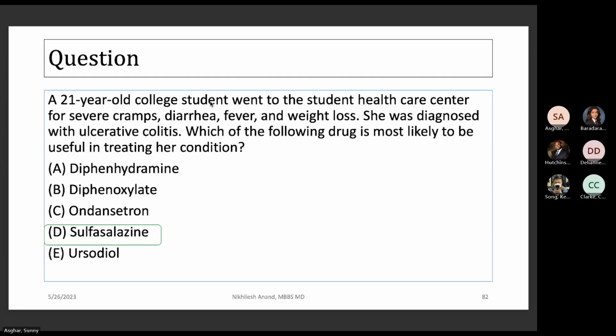Moving forward, this is just a sample question that they can ask you: which of the following drugs is most likely to be useful in treating her condition? It's an example of what she was diagnosed with, colitis, most likely from staph, and she's having diarrhea, a college student. Oh, another thing I remembered is that certain bacteria are more prevalent in dormitory type settings, specifically Neisseria is one of them, if I remember.